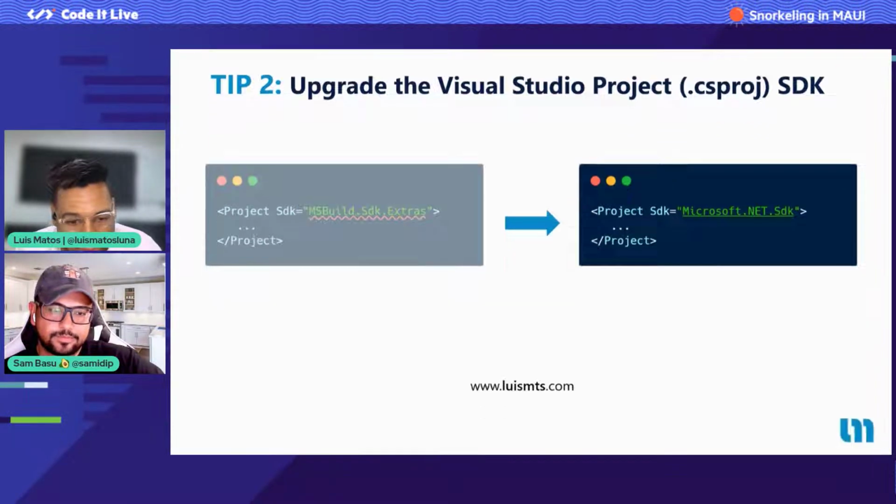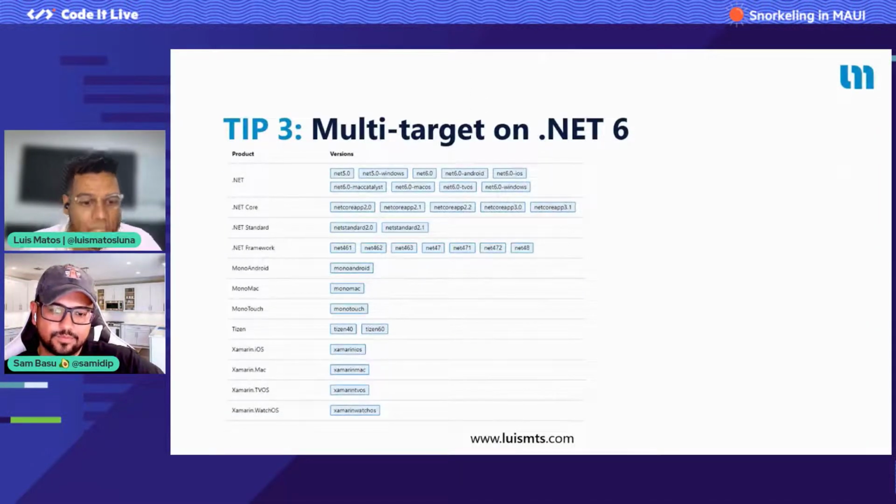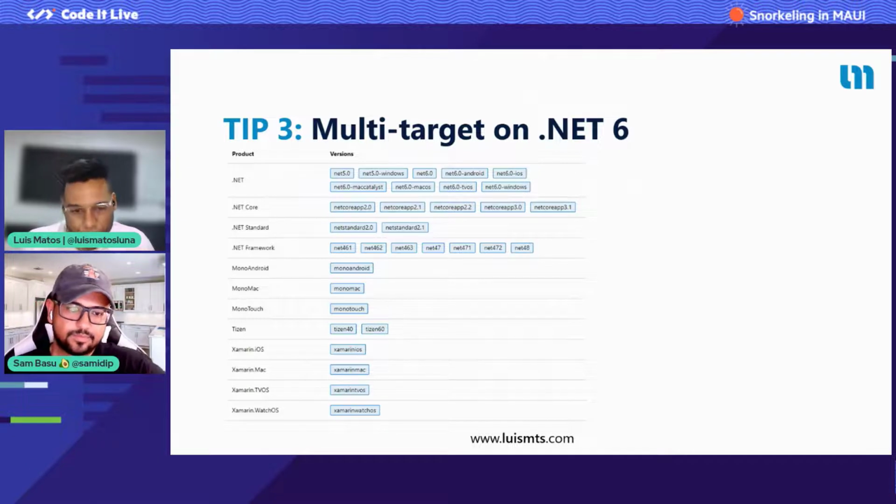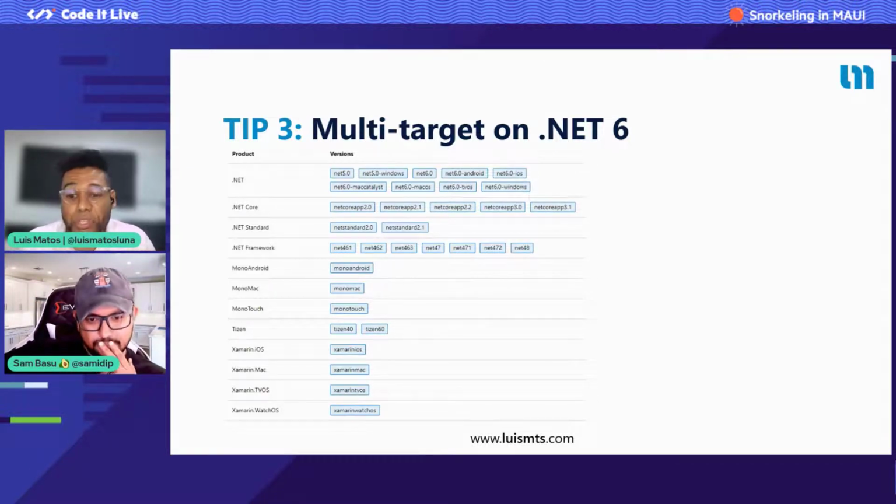Okay, the third tip that I have is multi-targeting on .NET 6. The best recommendation that I can give you here is that you need to read the documentation from Microsoft. And that's it. This is what you need.